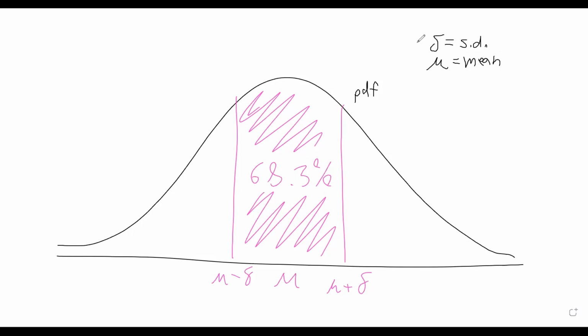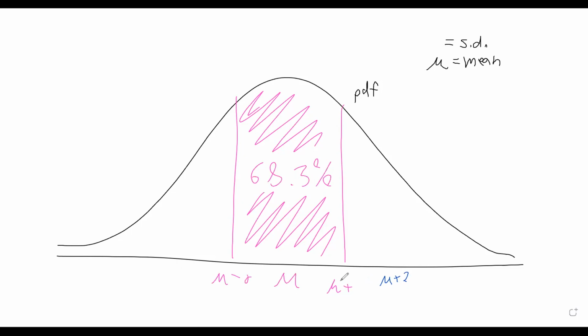Okay, now if you keep going and you go out to mu plus 2 delta, I mean, not that, sigma. This is sigma.